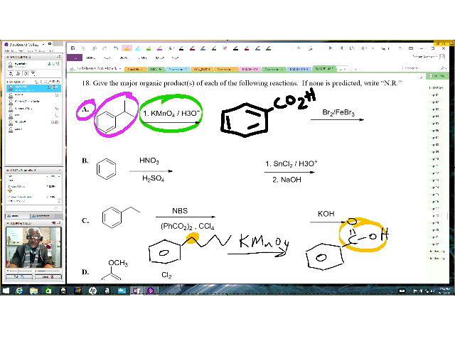However, if the carbon that is attached to the benzene ring does not have a hydrogen, there will be no reaction.